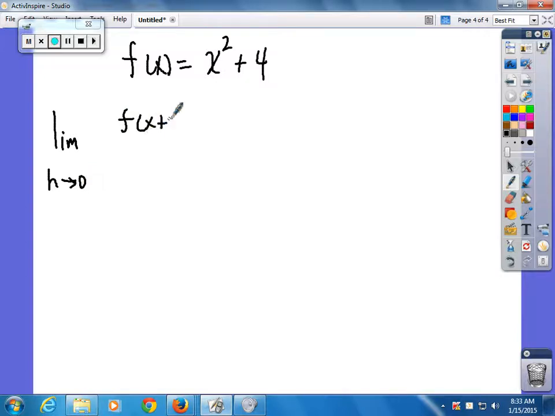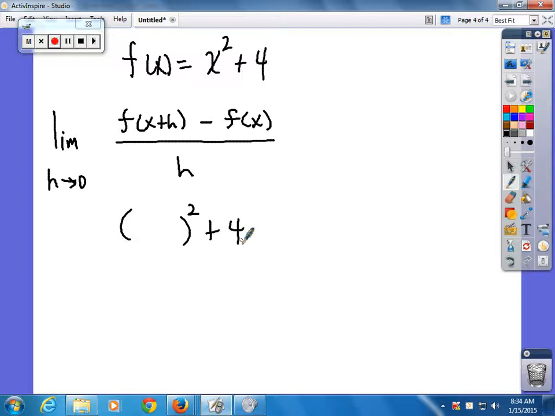I'm going to write it out for you one more time. Minus f of x over h. So here we go. First thing I'm going to do is rewrite this in terms of big parentheses wherever there's an x, so I can plug in my x plus h. So that'd be parentheses squared plus 4.